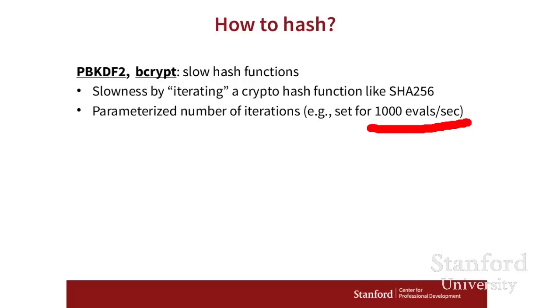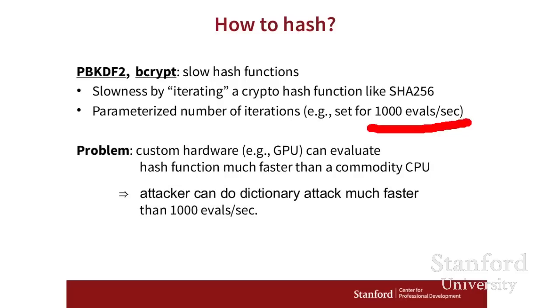Unfortunately, there's a problem with that. This is not quite secure. The problematic issue here is that when an attacker is running their offline dictionary attack, they're not going to be using your hardware, the hardware that the website is running. Instead, they're going to be using custom hardware to do their attack. For example, they might use GPUs to compute the hash function. GPUs, as you know, are very parallel.